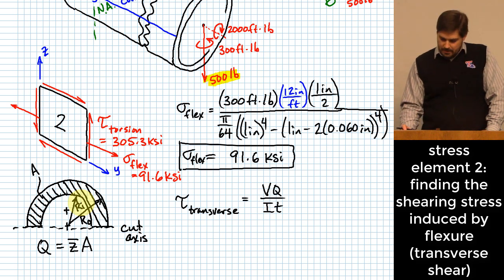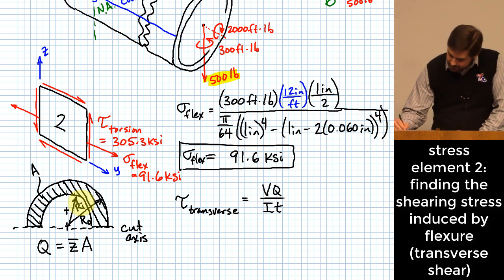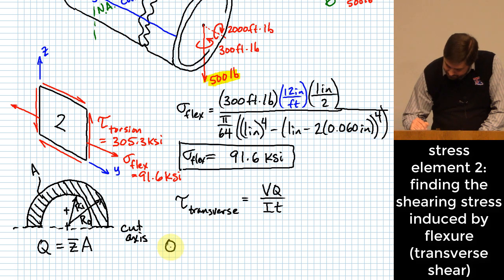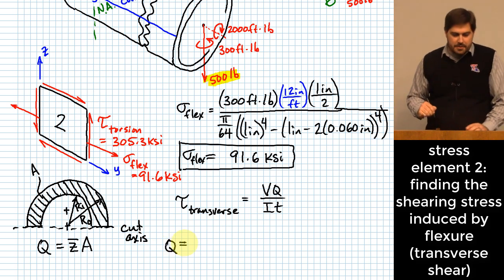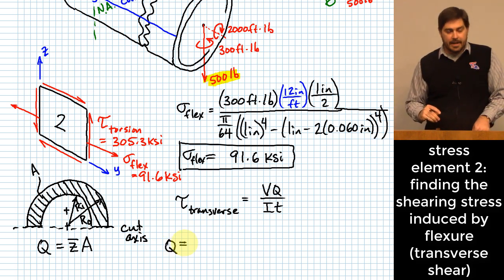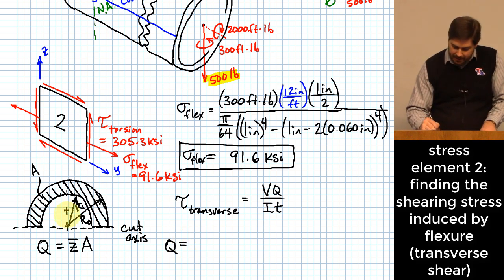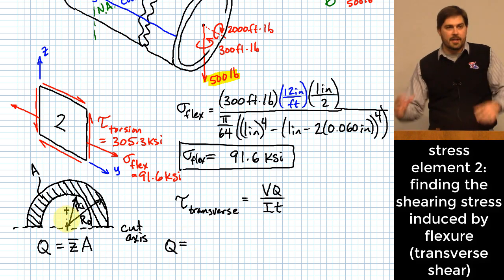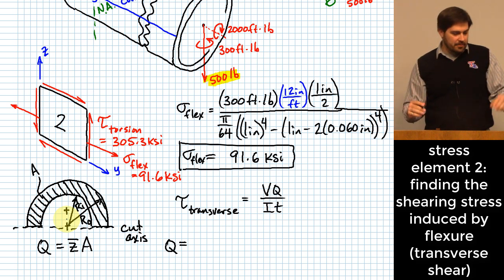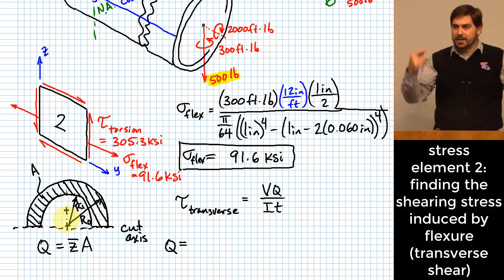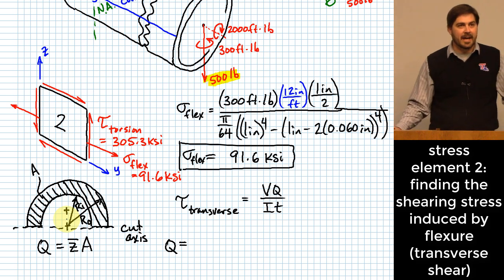Okay? And let's just say here that Q is going to be equal to the location in the z direction of the centroid of the solid outer circle first, okay? And many of you may not remember the formula for how to get to the centroid of a half circle, and if you don't, that's okay.